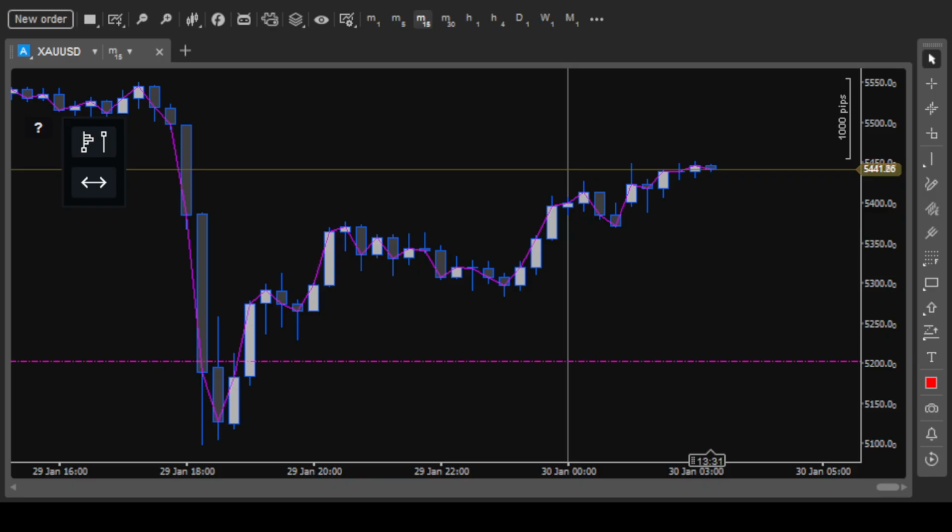But it's above this one here. That little candle, again, 35 pips.